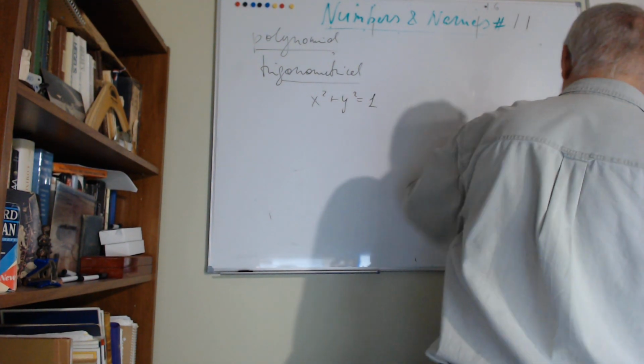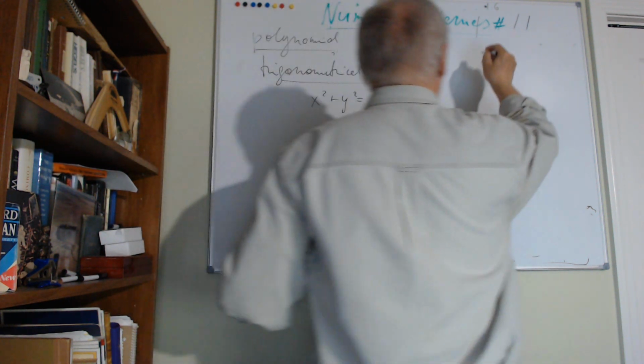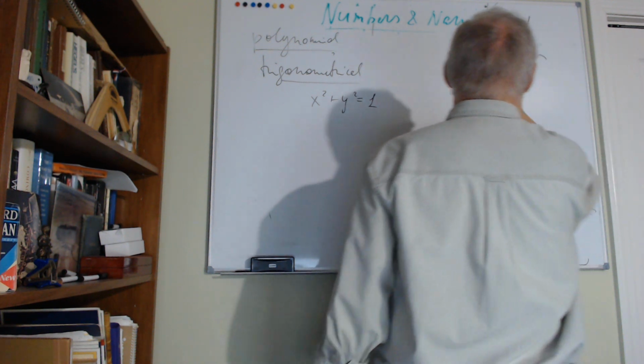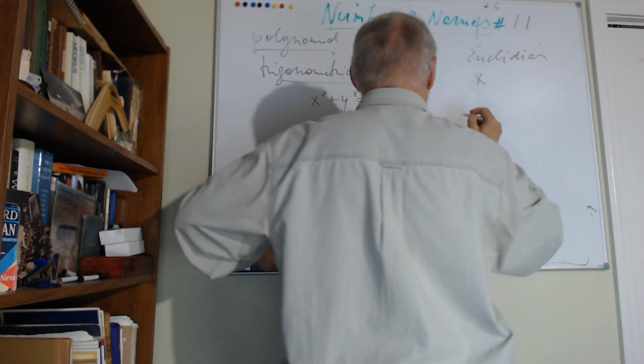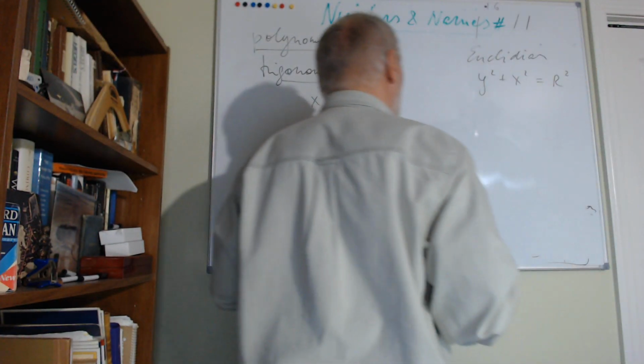Remember, there was an example of something else, because Pythagoras theorem is about Euclidean geometry, where x squared plus y squared equals r squared.